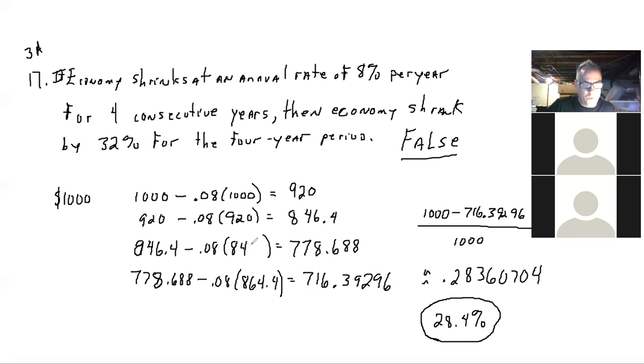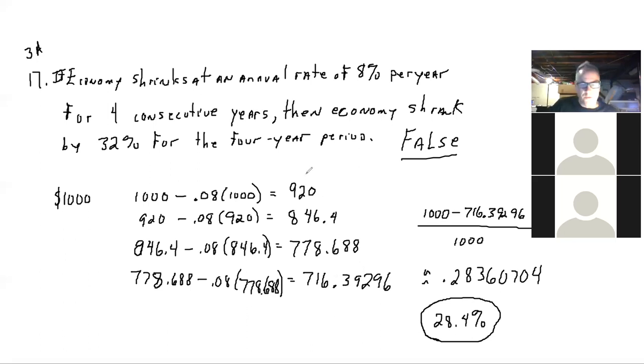That should have been 846.4, same as this one. And then this number right here was, and I don't even have an explanation why I wrote that. Because last year you're calculating 778 and then take away 8% of that. So that should have been 778.688, decimal point right here.